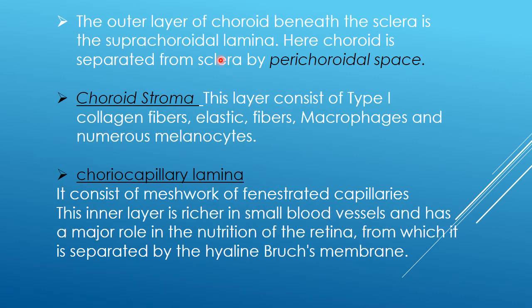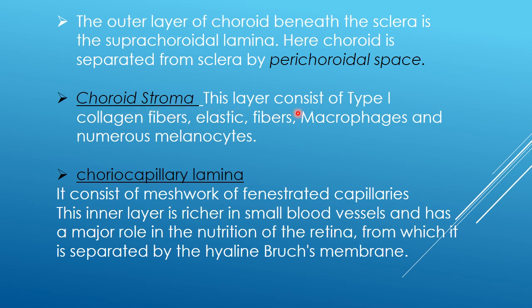The outer layer of the choroid, which is present beneath the sclera, is the suprachoroidal lamina or lamina fusca, as I have already told you, and the choroid is separated from the sclera through the perichoroidal space, which is present beneath that lamina. The next layer is the choroidal stroma, the main component of the choroid.